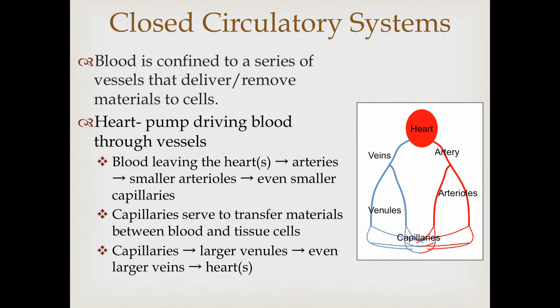Waste products that are released by the cells in the capillary beds then dump these materials into larger venules that then converge into even larger veins that then return this material to the heart to continue the circulation.